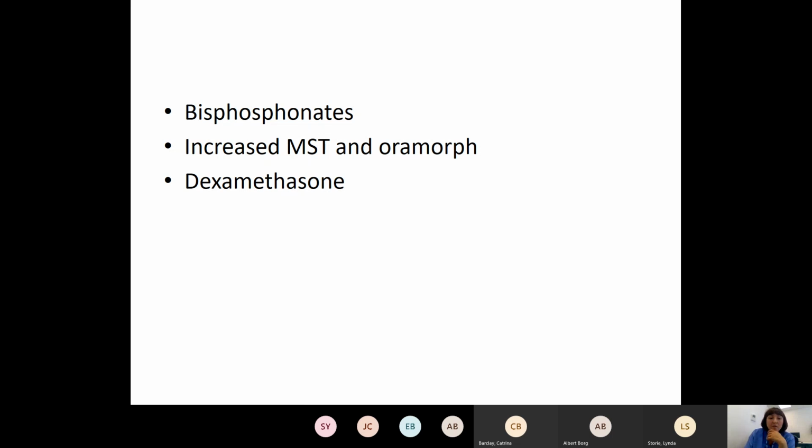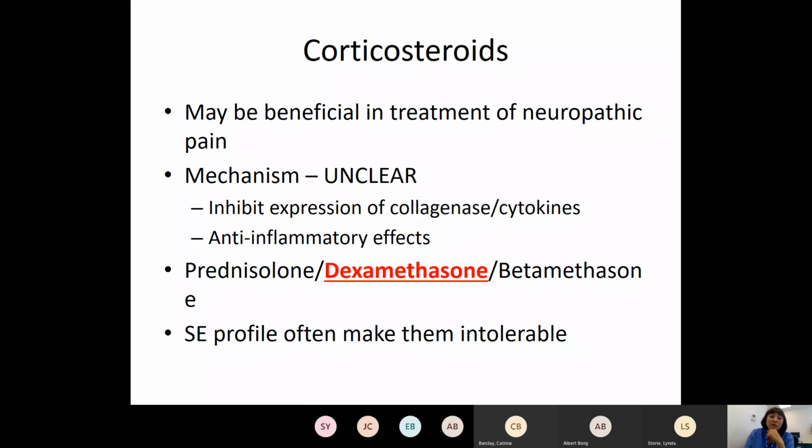But the exact mechanism is not entirely clear, although we know there are a number of studies that show steroids can help in neuropathic pain, thought to be something to do with anti-inflammatory properties of the steroids. What we try and do, however, is use short, sharp bursts and give high dose, then stop with ongoing effect usually seen, in order to try and minimize the potential side effects that we would see with high dose steroids.